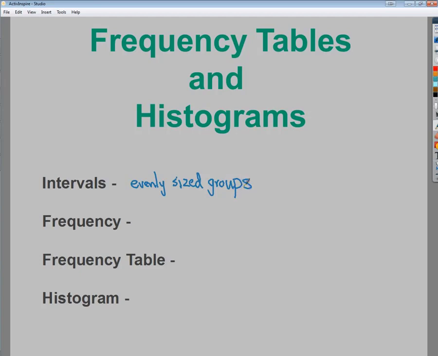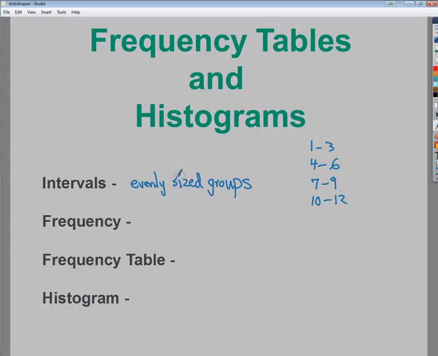If I were to do say 1 through 12, I may say how many numbers fall between 1 and 3, and then 4 and 6, and then 7 and 9, and then maybe 10 and 12. So those would be my intervals.